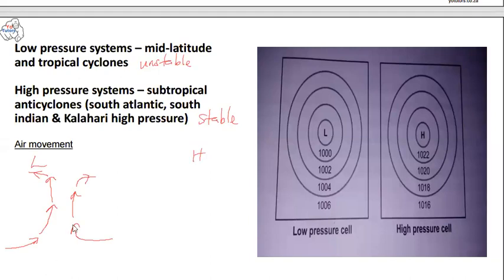So low pressure systems are associated with rising air. When it comes to high pressure systems, they are associated with subsiding or sinking air. The air is going down, and it's cold air that is sinking. So in this case, they are associated with subsiding air.